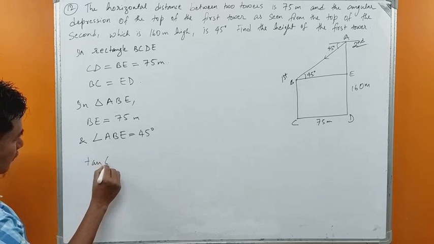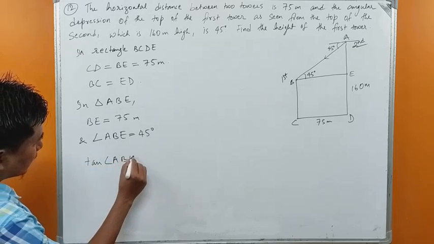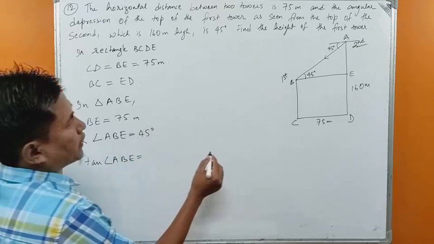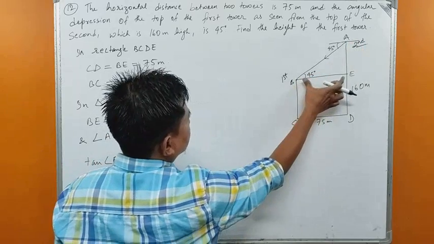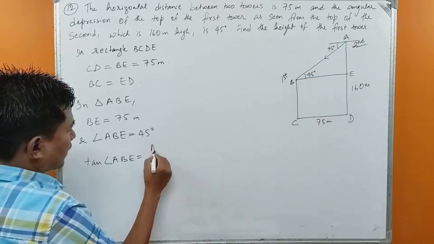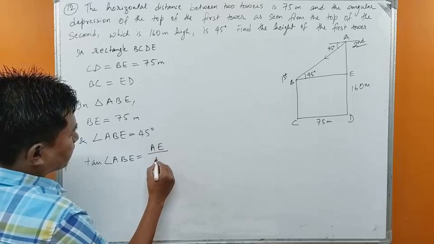Tan of angle ABE equals perpendicular upon base. When we talk about this angle, the perpendicular will be AE and the base will be BE. So tan 45 degrees equals AE upon BE.